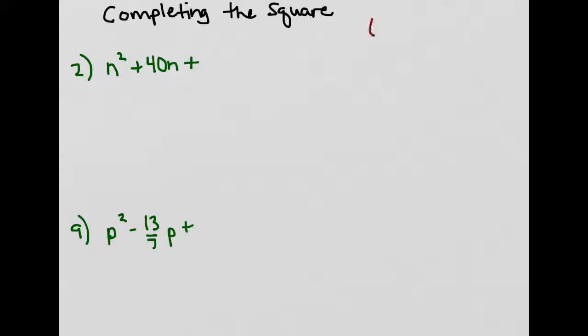If I have n minus 1 squared, when I multiply that out, I get the expression n squared minus 2n plus 1. So this expression that I end up with, n squared minus 2n plus 1, can be factored to the perfect square n minus 1 squared.